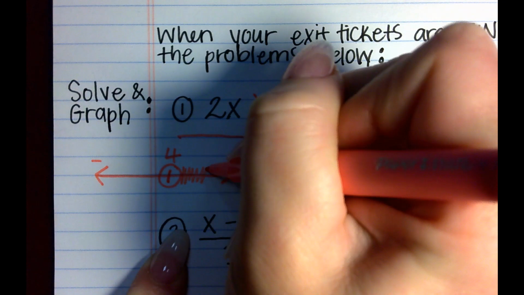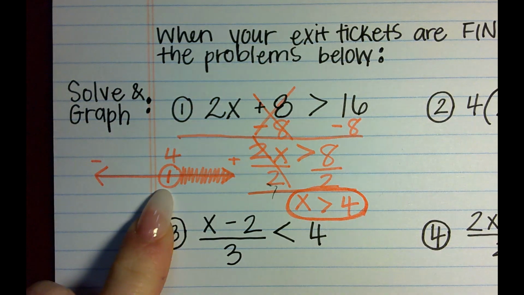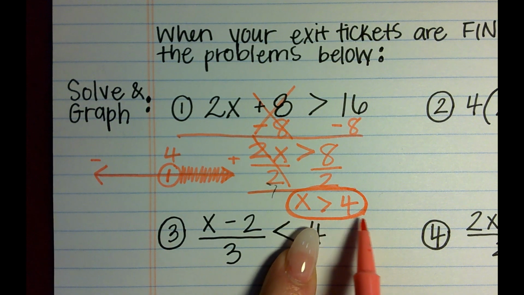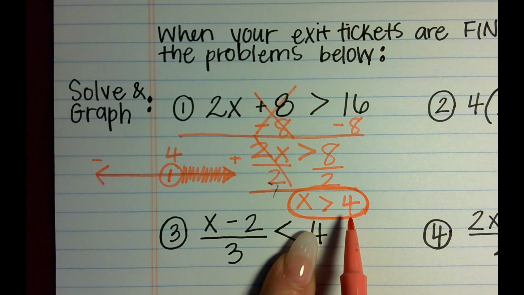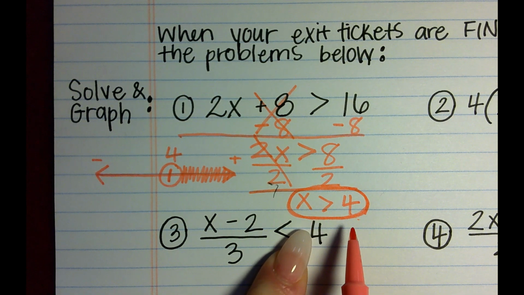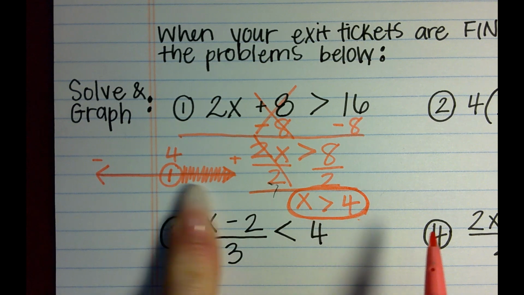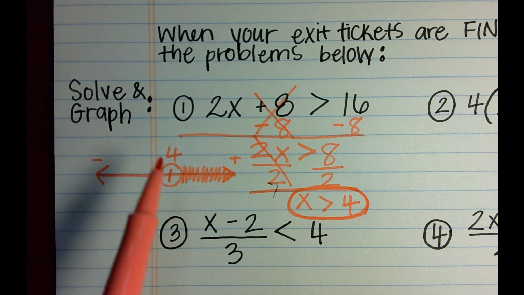So tell me, how come we don't color our circle in? Because it's not greater than or equal to. Yes. We have x is greater than 4. 4 is not included as a possibility of what x can be. It's only numbers bigger than 4. So we don't color that circle in.